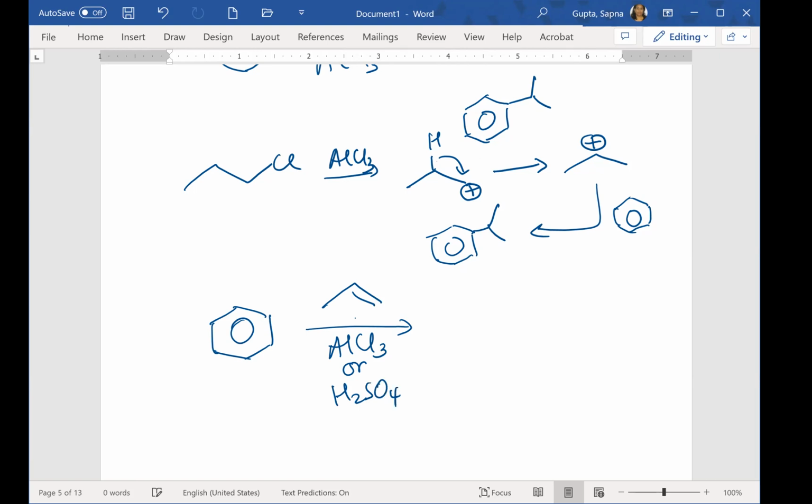You can't use sulfuric acid with an alkyl halide, but with an alkene you can, because the goal is just to generate a carbocation at this point. With the alkyl halide, you need to have aluminum chloride. Remember that. So the product is still going to be isopropyl here. Wherever the double bond is, that's where you will get the connection.